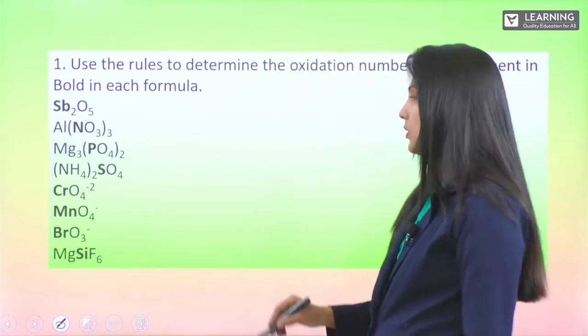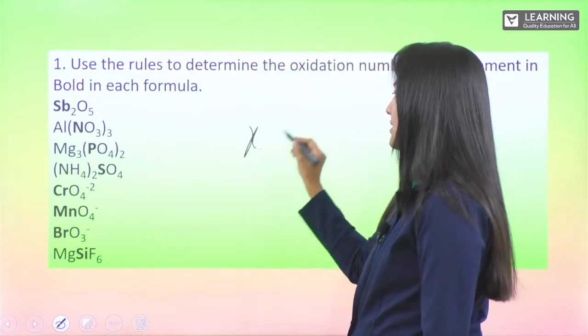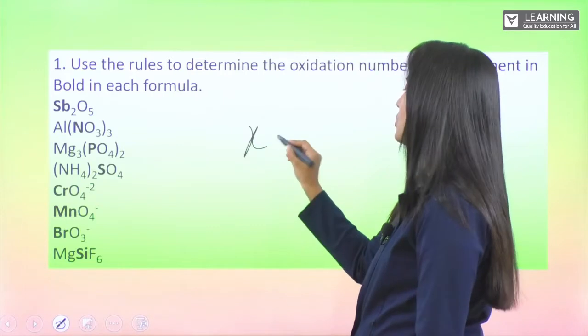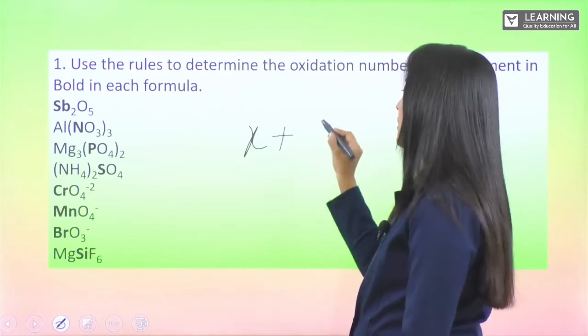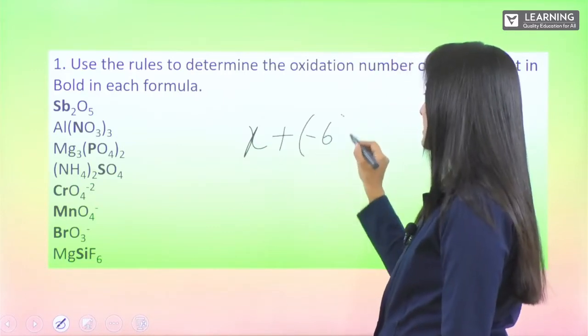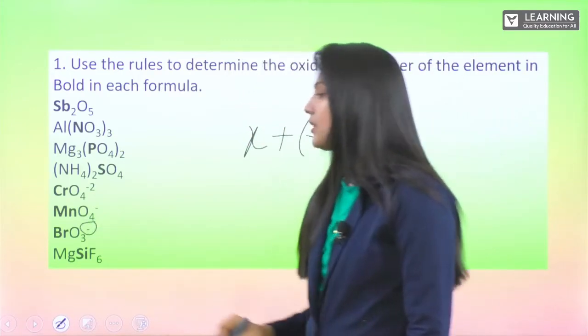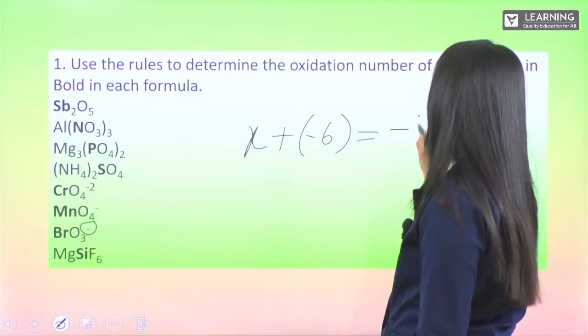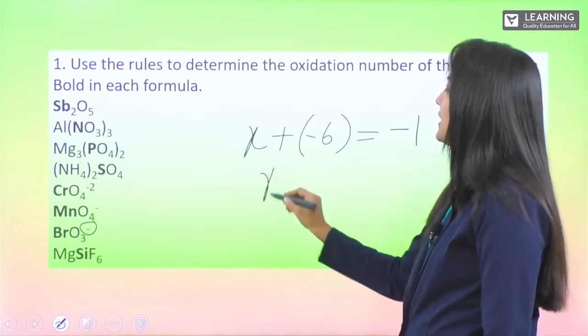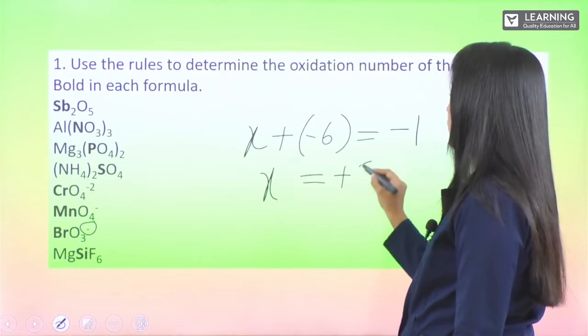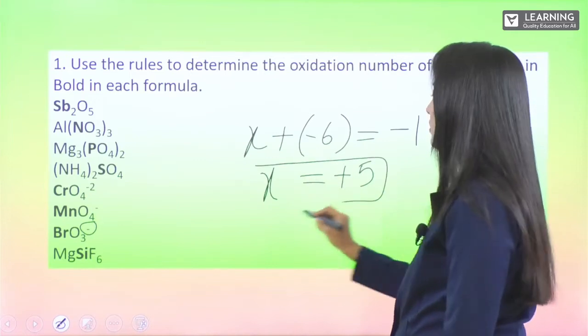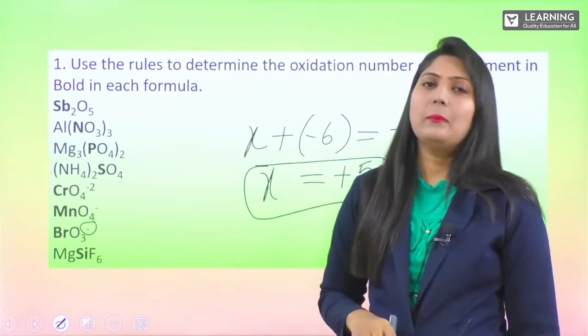BrO3 minus. So Br is X and we have oxygen 3 2s are 6. So minus 6 is equal to how much? The charge on the molecule is minus 1. So we get X is equal to plus 5. So bromine will have plus 5.